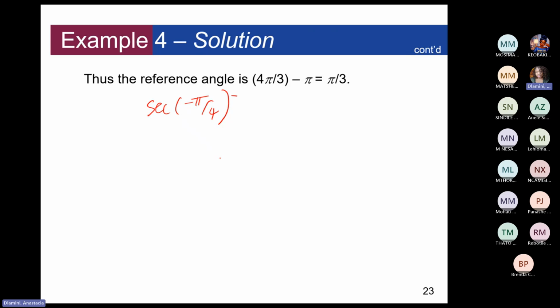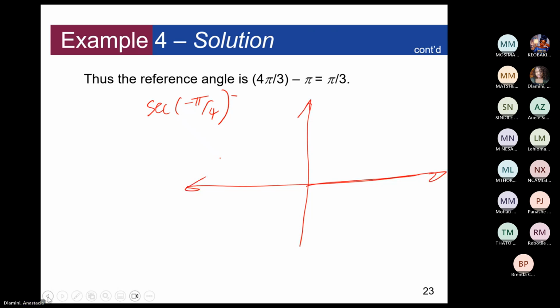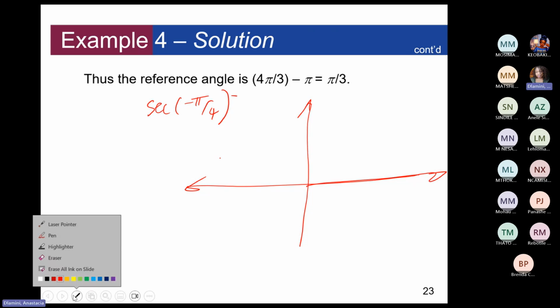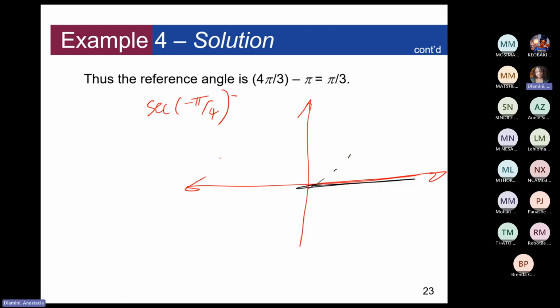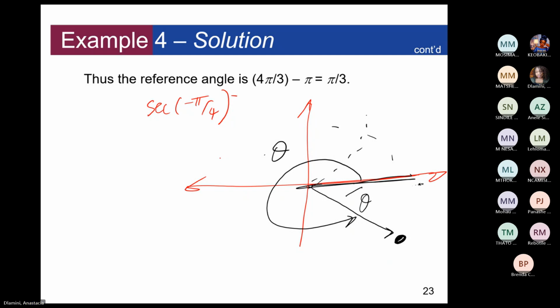Are we all okay? Why is it pi over 4? Remember, if you're moving from here, let's say you started here and then you move around like this, and your angle is here, then your theta bar will be whatever angle this one is, minus 2 pi, because you moved around.